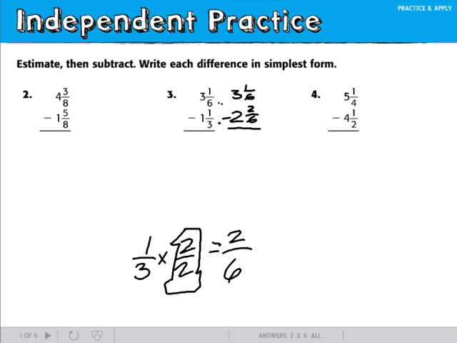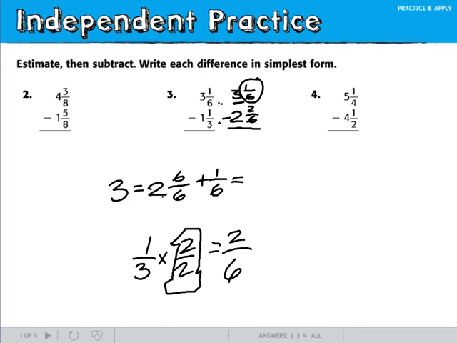Can I take 2 out of 1? No. So now I have to rename my whole number. How am I going to rename my whole number here? 2 and what? 2 and 6/6. This is still 3. So 3 equals 2 and 6/6. Okay? Now once I have the 2 and 6/6, I have to add the fraction that's already there.